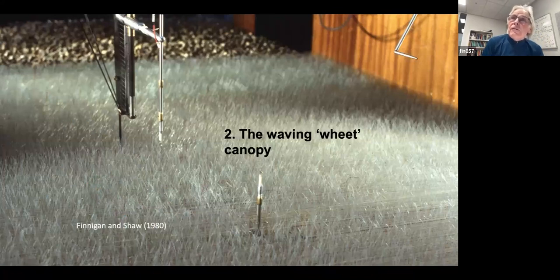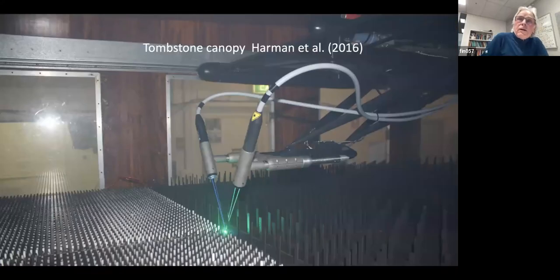So to get this kind of scale and density of data that's needed, we often resorted to the wind tunnel. This is an aeroelastic canopy in the CSIRO wind tunnel quite a long time ago now. The much more recent thing, the so-called tombstone canopy, made of metal strips, and measured with the laser Doppler anemometer, 3D laser thing.